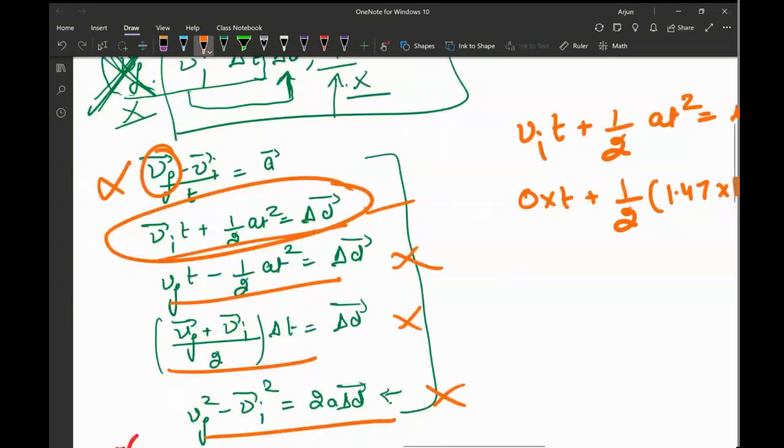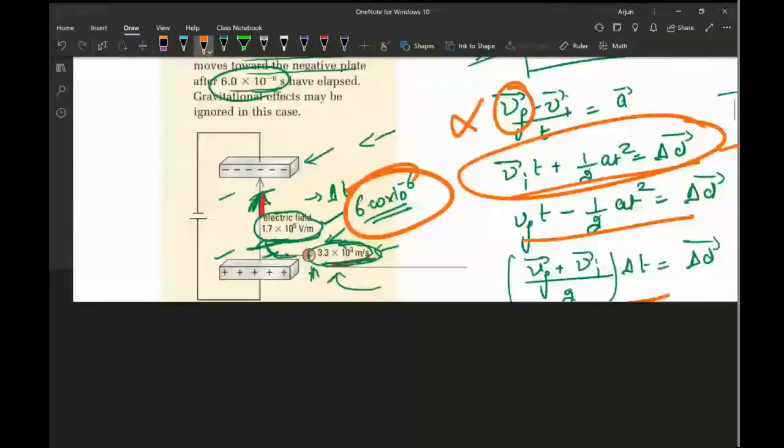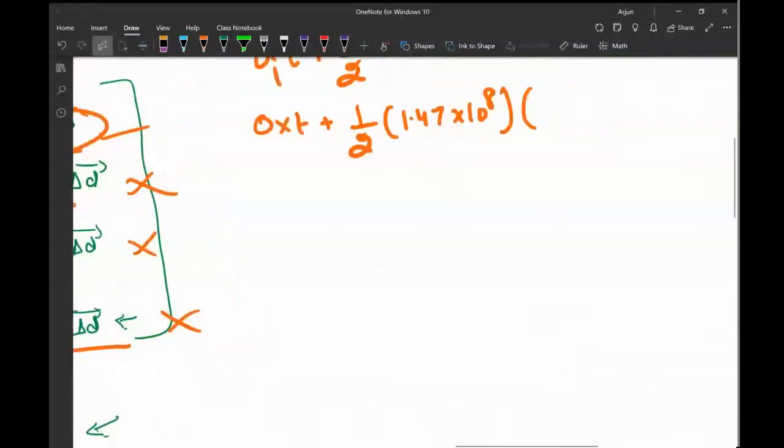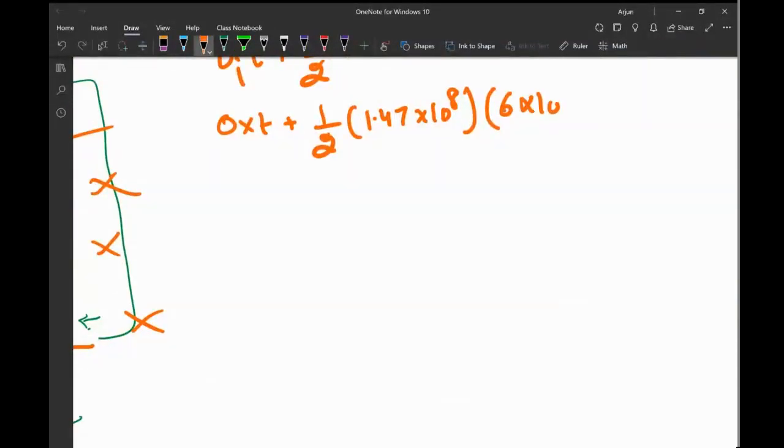Time is given to me, which is this much, 6 times 10 raised to the power negative 6, square, equal to delta d. So make sure you don't forget to square it, and that's going to give you the final answer.